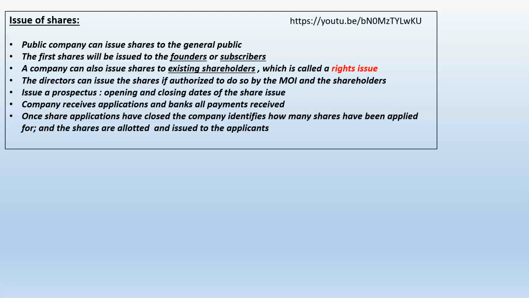You will see now if we're going to do share transactions, if we receive exactly the same amount of applications equal to the shares and the value of the shares that we want to issue, then we're just going to allot to all the applicants the shares that they have actually offered to purchase. But let's say that there are more subscribers, so there are more applications than the actual amount of shares that we may issue.